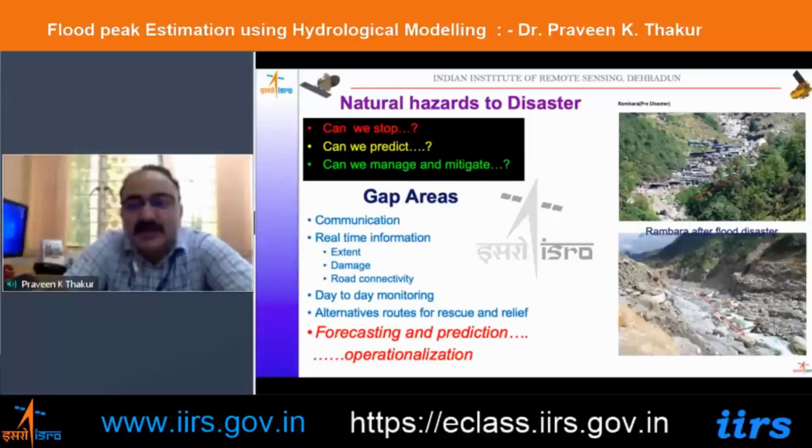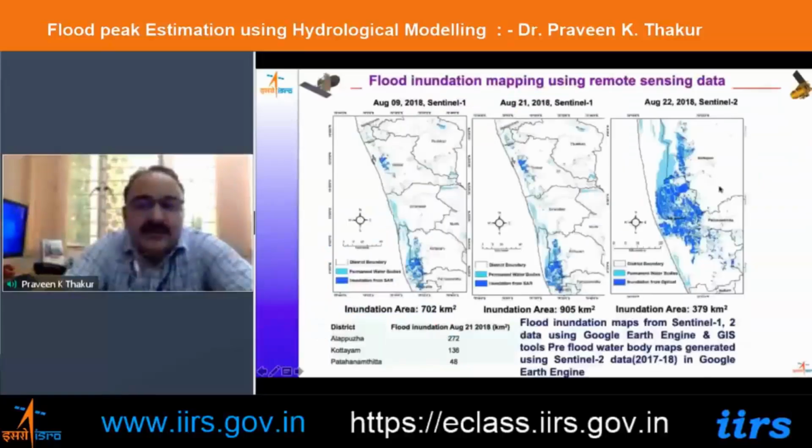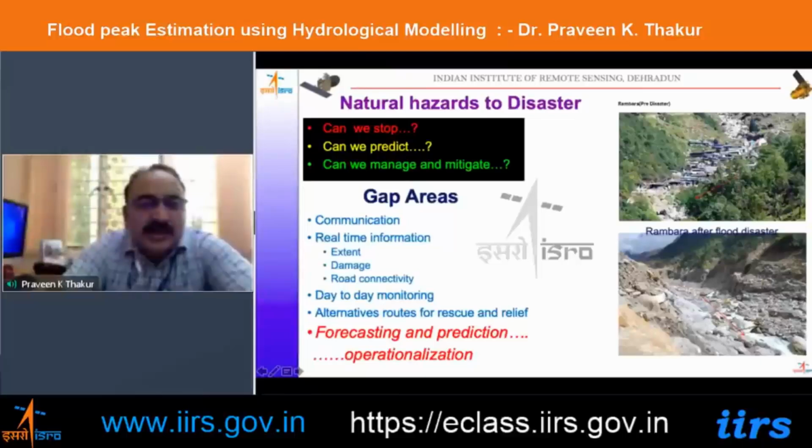So there tends to be a sense of false security, that there is no flooding in this particular area, with natural vegetation and other things there. That can cause this natural hazard to convert into a disaster. One example is Rambara here, where the entire township was washed away, and the highest casualty in the 2013 Kedarnath floods was reported from this particular area.